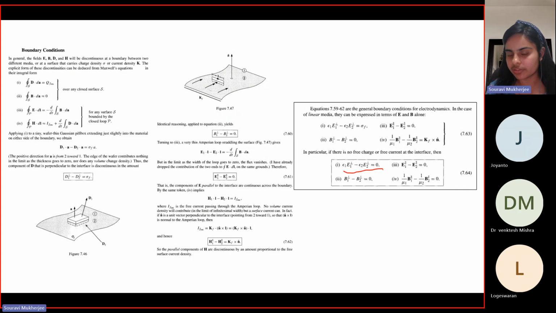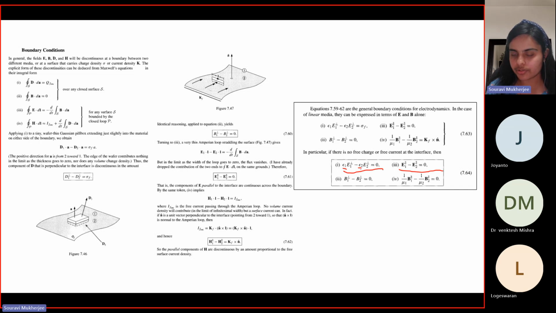Because we are talking about electric fields, these are the two boundary conditions that we have to think about. One is the normal components and another is the parallel components. And you can see the normal component has this dependence on the dielectric constants.